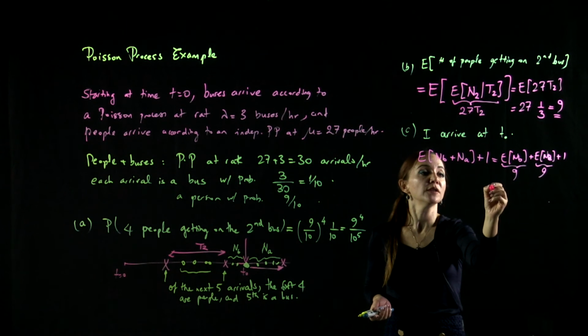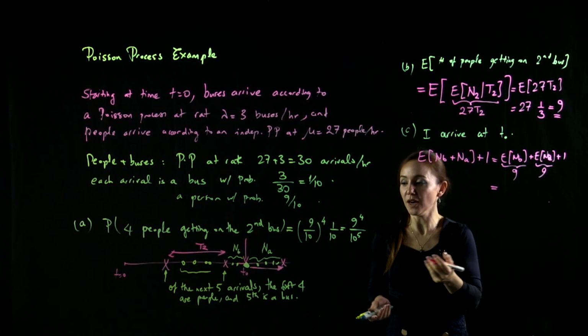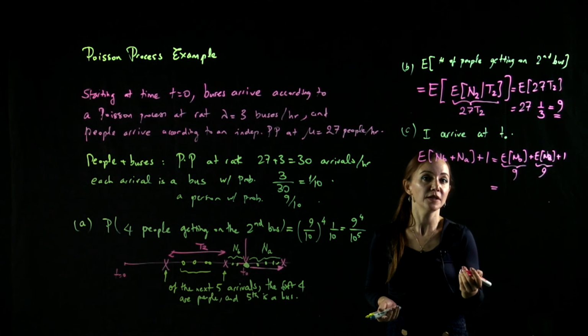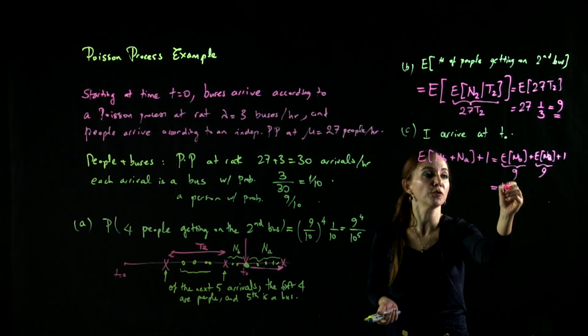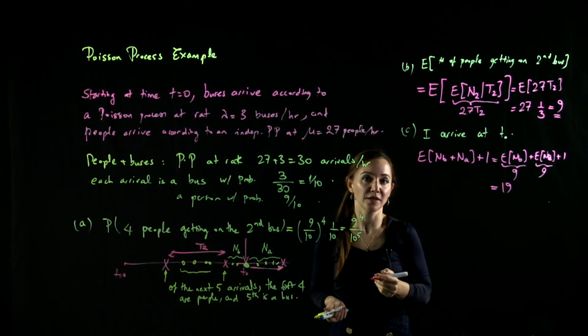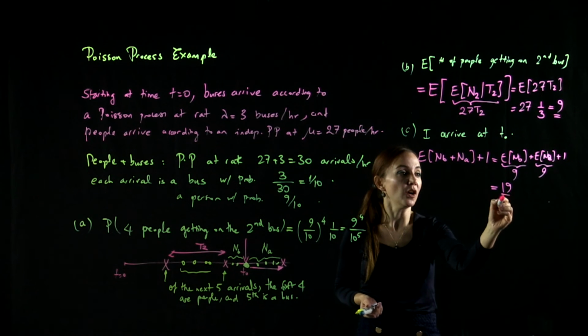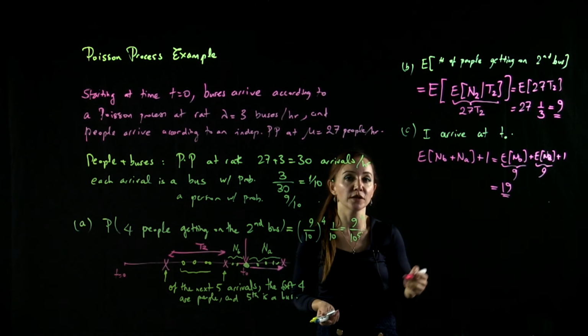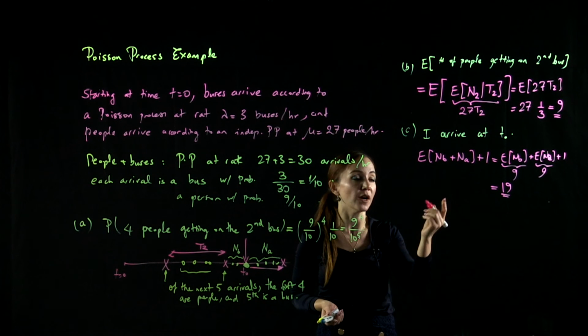So the people that I observe on the bus other than me has expectation 18. So the total number of people on my bus is 19, which is significantly larger than 9. So it's twice 9 plus 1.